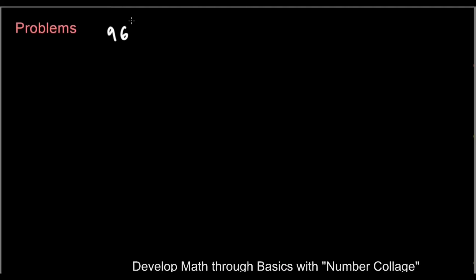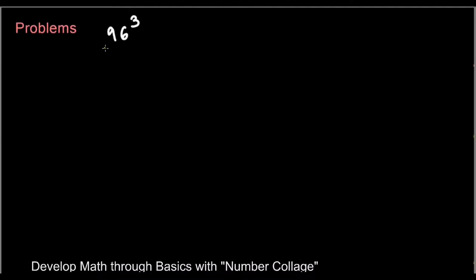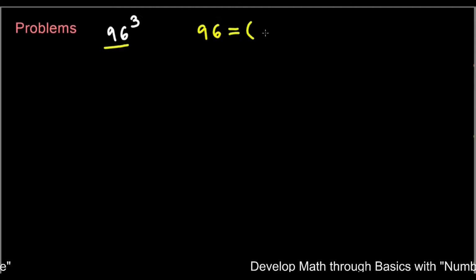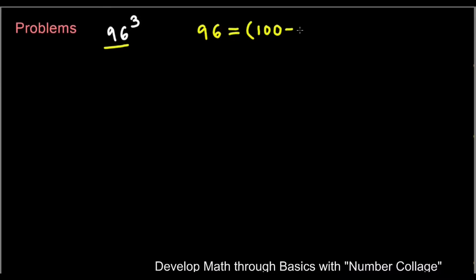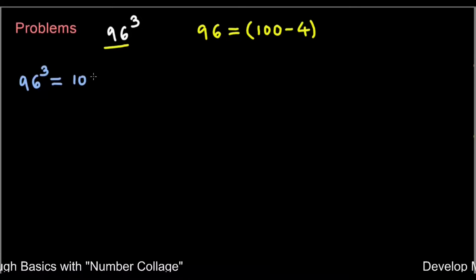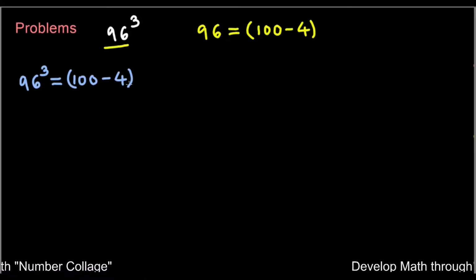Binomial expansion can also be used to find the values of higher powers of large numbers. For example, we will find 96 cube. Here we will express this 96 as a sum or difference of two suitable numbers, such as 100 minus 4, and write 96 cube as (100 minus 4) whole cube.